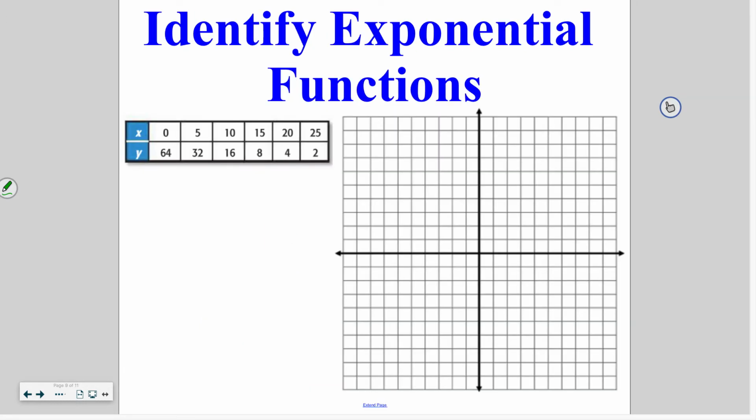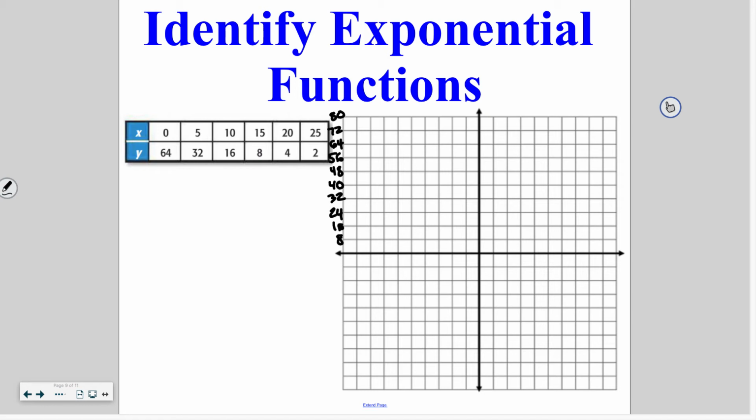Last thing we're going to want to be able to do is identify exponential functions based on graphing or based on the table. So we're going to go ahead and look at our table that they give us. Those values will not fit on the graph as written, so I'm going to go ahead and renumber. I'm going to count up by 8, so 8, 16, 24, 32, 40, 48, 56, 64, 72, and 80.